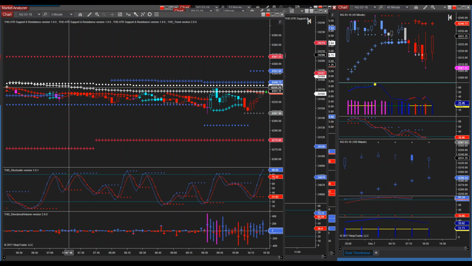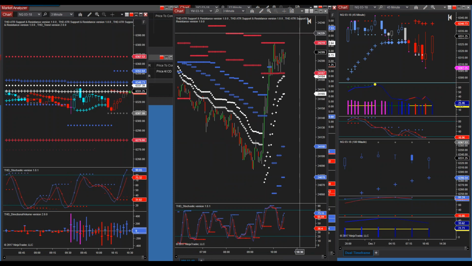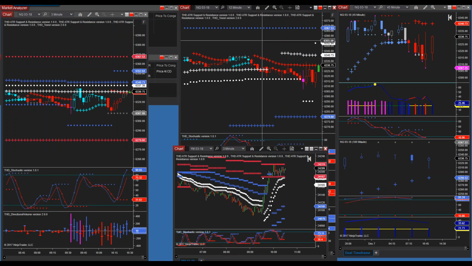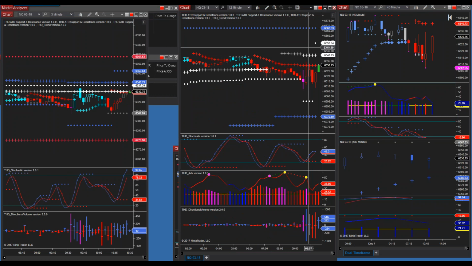So if I'm trying to trade this 3-minute, I'm probably going to say, I ain't trading it right now. See you tomorrow, Rick. Okay? Instead, I would come over to this one and say, okay, what does it look like over here? And you can see the 12 and the 45 are aligned. Okay?